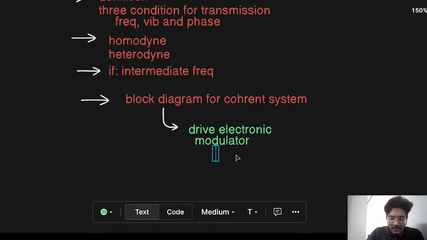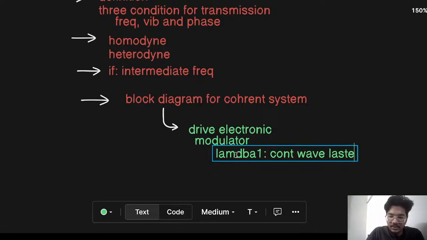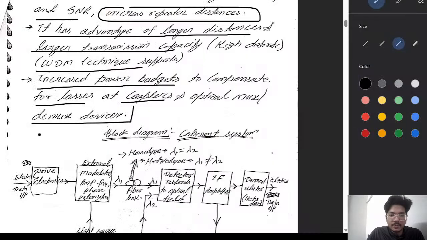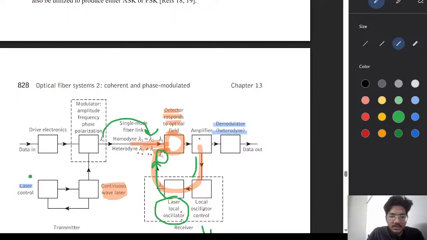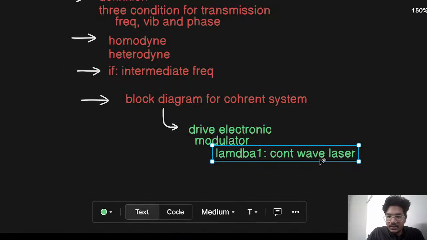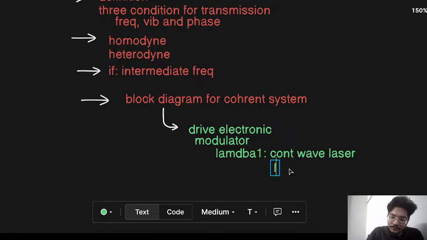After the modulator, lambda 1 comes from the continuous wave laser, with the laser control.